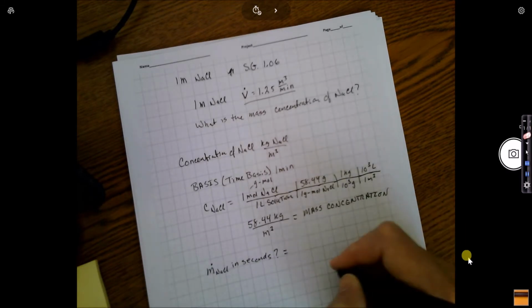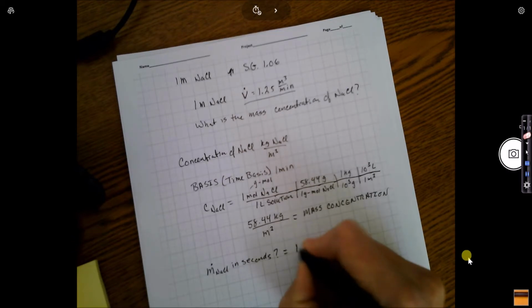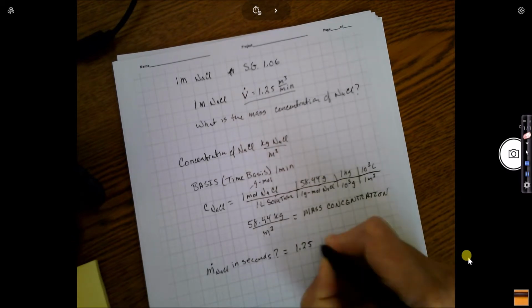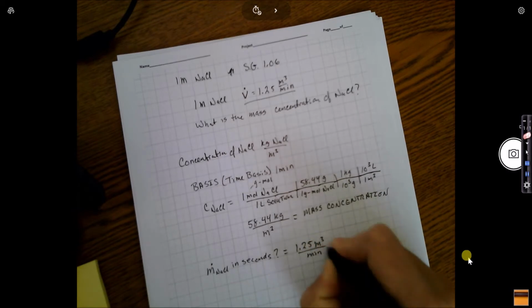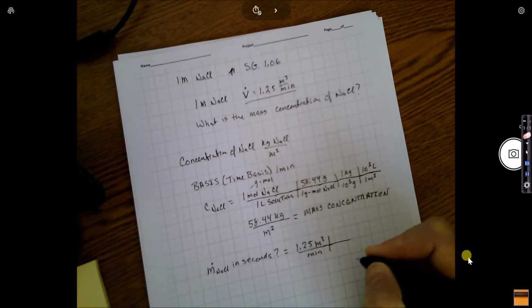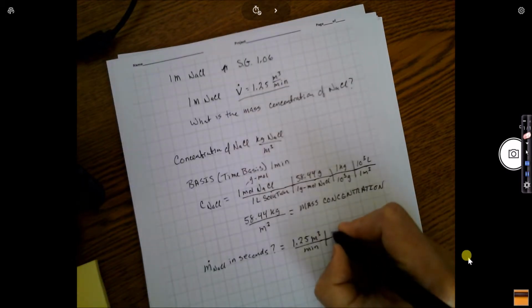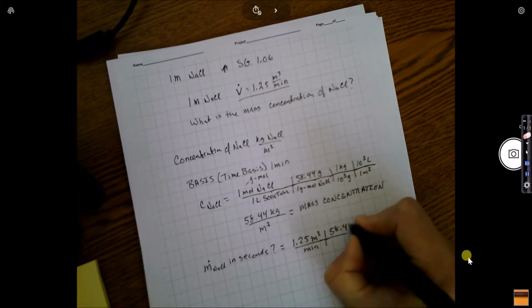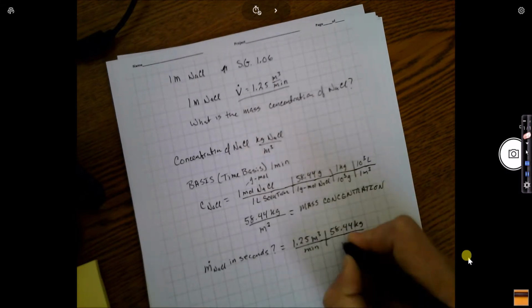So we know our volumetric flow rate is 1.25 cubic meters per minute. And we know we have a mass concentration, which we calculated up here, of 58.44 kilograms per cubic meter.